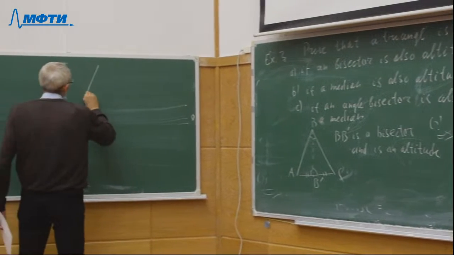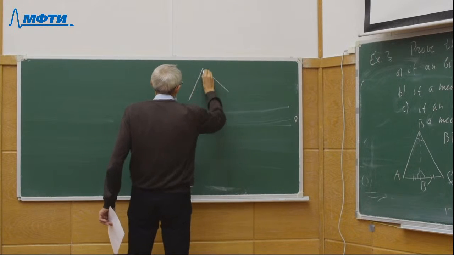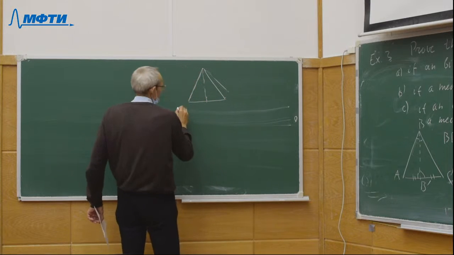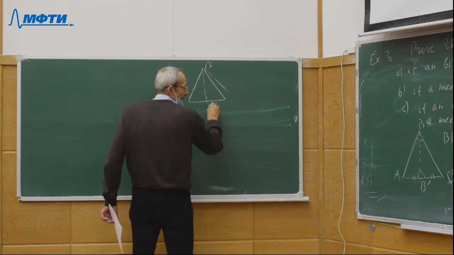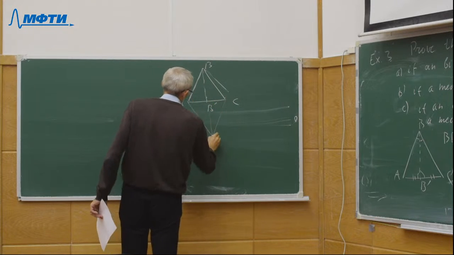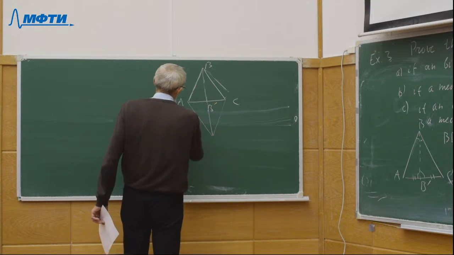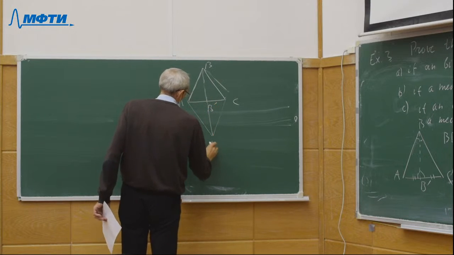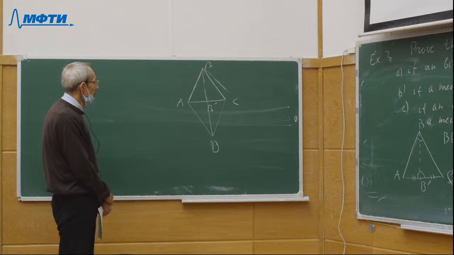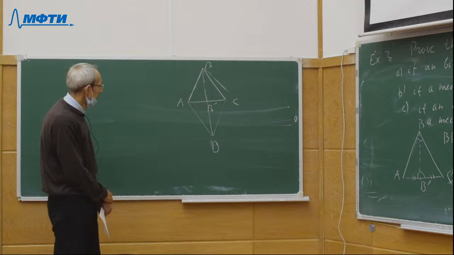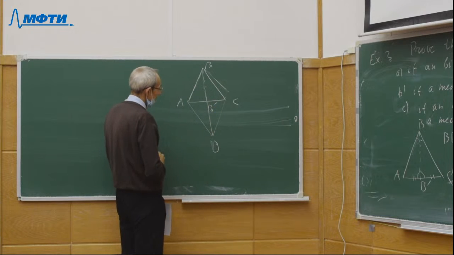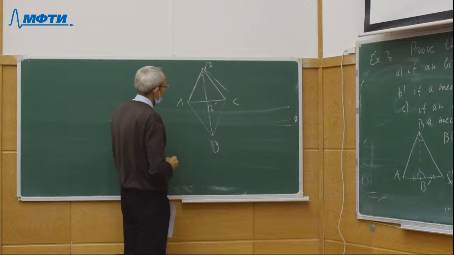And there are A, B, B prime, C. Maybe D. B prime equal B prime D. This angle.